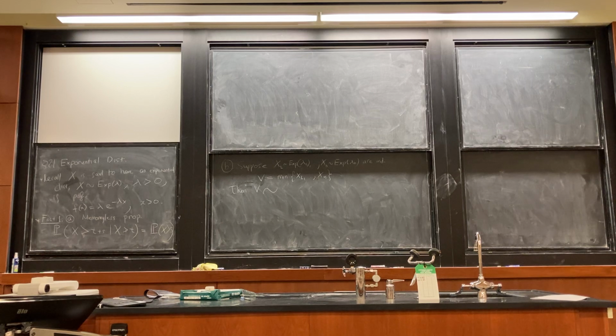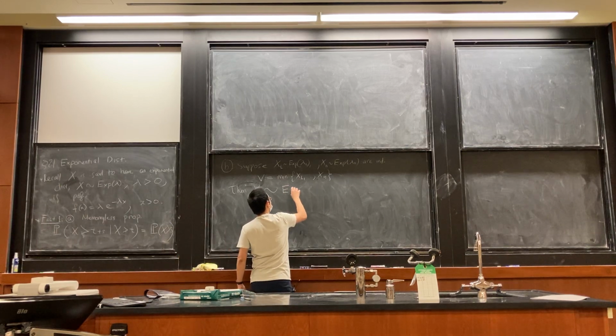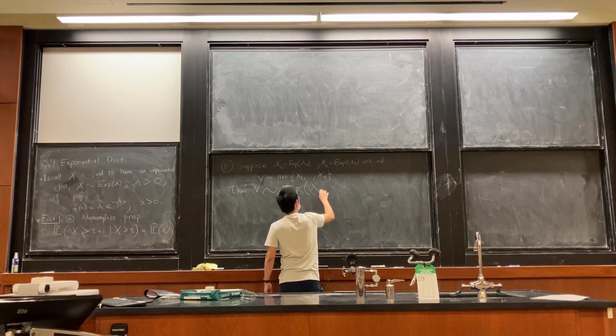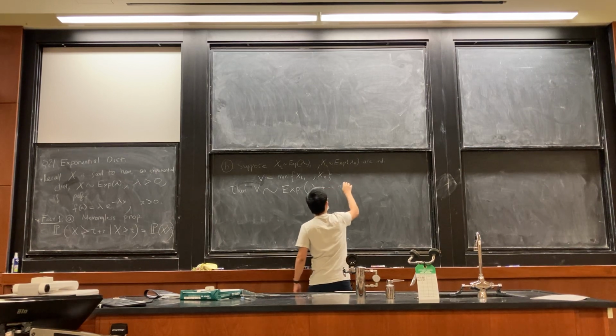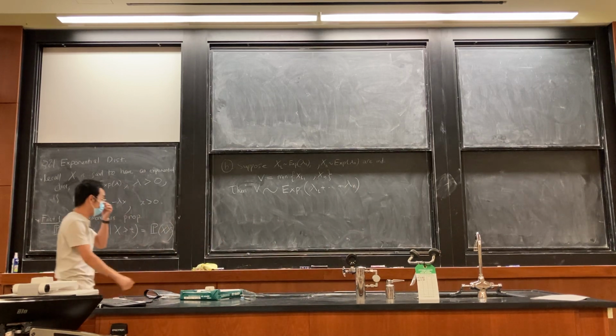It's actually the sum of the parameters. So the minimum is exponential with parameter lambda 1 plus up to lambda n.